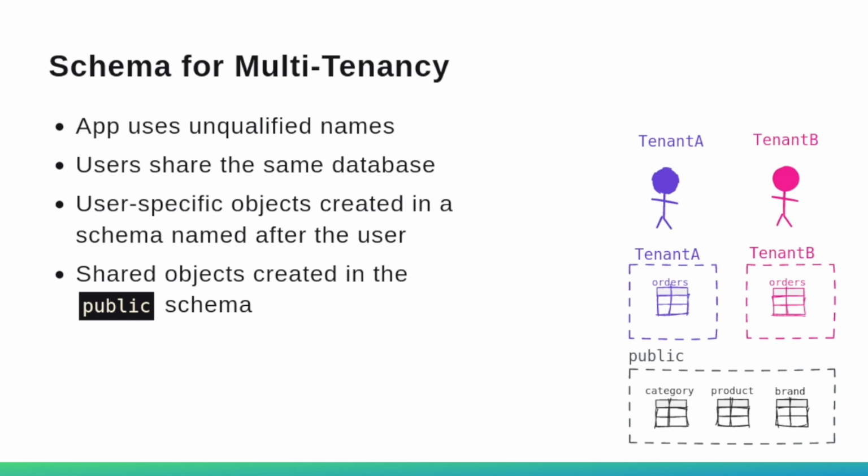The other approach to multi-tenancy is to have just one table, and for all the tables that contain data for multiple tenants, we have a tenant ID column, and then the application can filter the data based on the currently connected user. This has some benefits. It's significantly easier to maintain this type of setup.